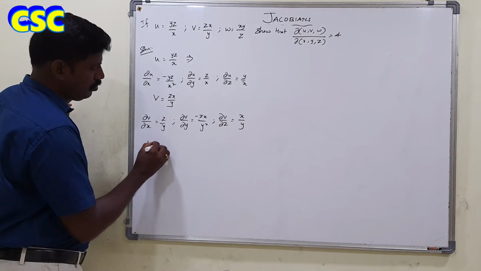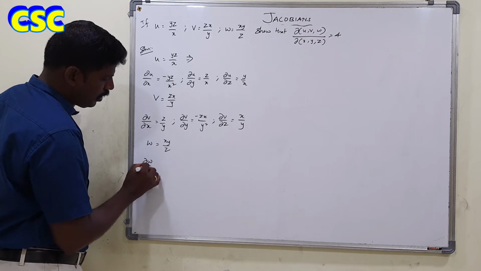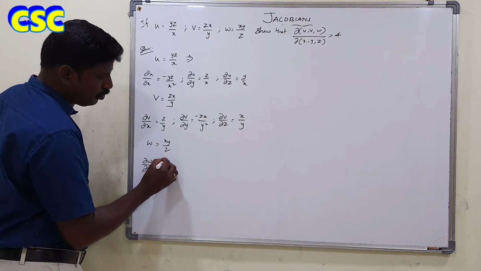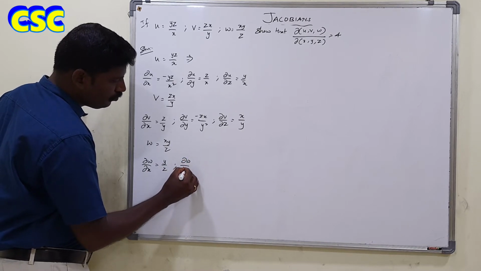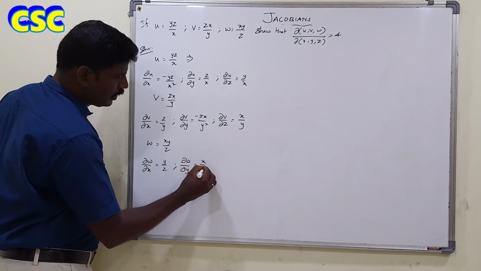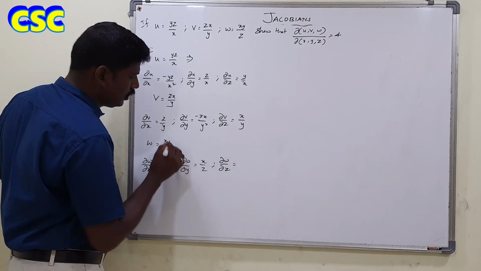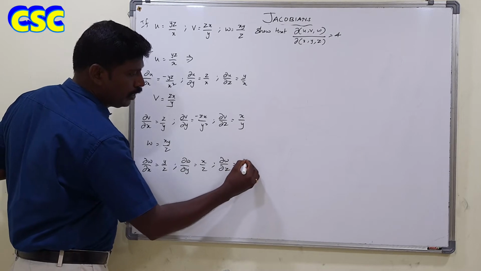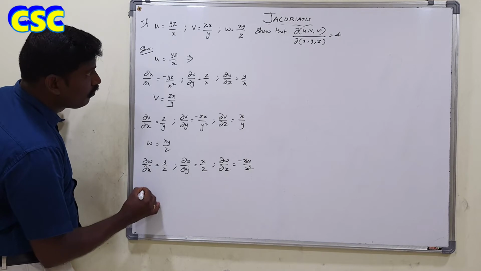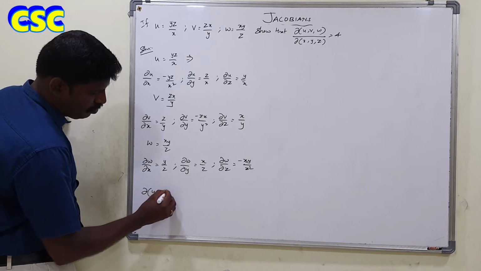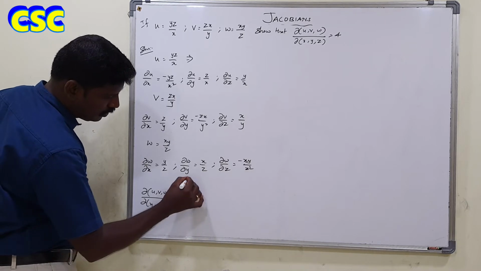What is w? xy by z, isn't it? So dou w by dou x is equal to y by z, since x becomes 1. Dou w by dou y is equal to x by z. And dou w by dou z is equal to, z is in the form of 1 by z, so minus xy by z square. So what is the value of dou of u, v, w with respect to dou of x, y, z?